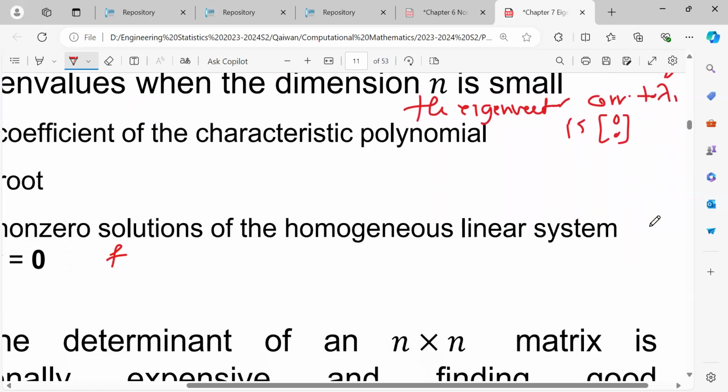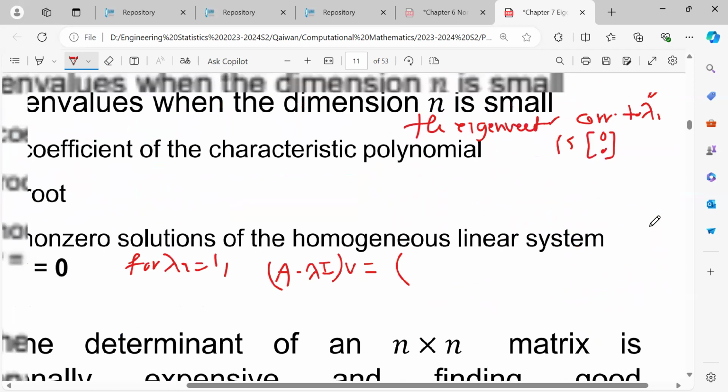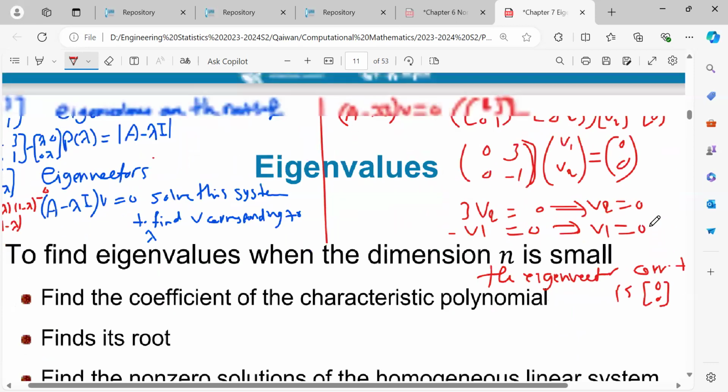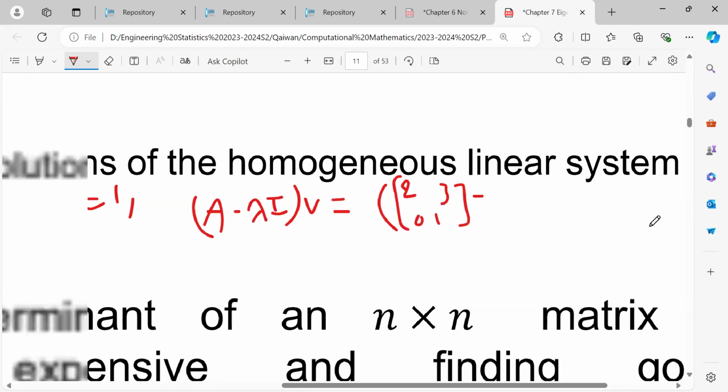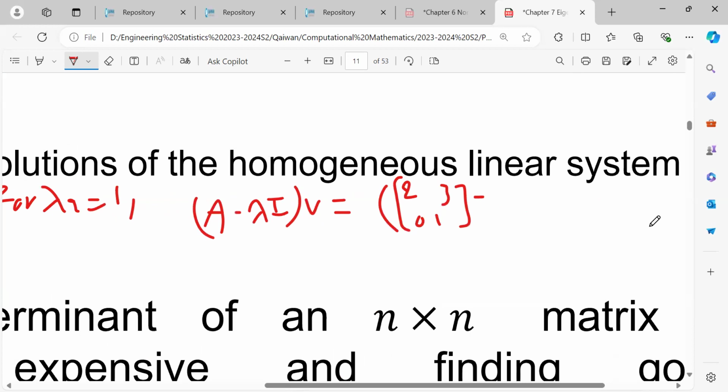Here we say for lambda 2, which is 1, (A minus lambda I) times V is equal to [[2, 3], [0, 1]] minus lambda I. Here lambda is 1. 1 times the identity matrix is still the identity matrix, times V. Let's name it A1, A2.